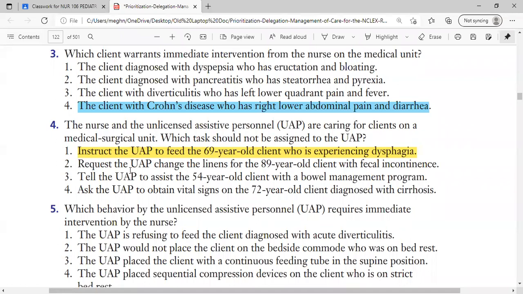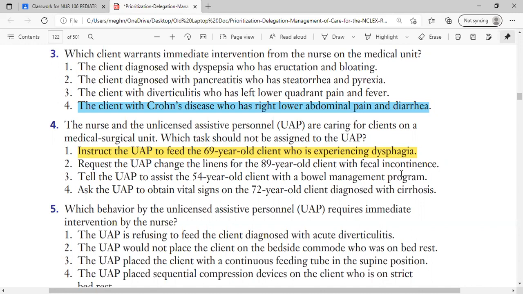Number 2, require the UAP to change the linen for an 89-year-old client with fecal incontinence. So bed making. The UAP can change the linen for the client who is incontinent. Therefore, this task should be delegated to the UAP. And number 3, tell the UAP to assist a 55-year-old client with a bowel management program. So the UAP can assist the client to the bathroom and document the result of the attempt.